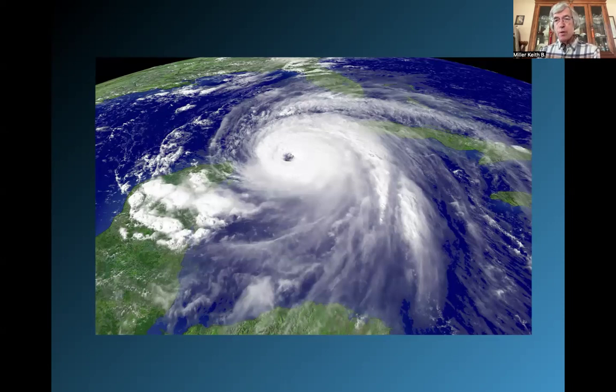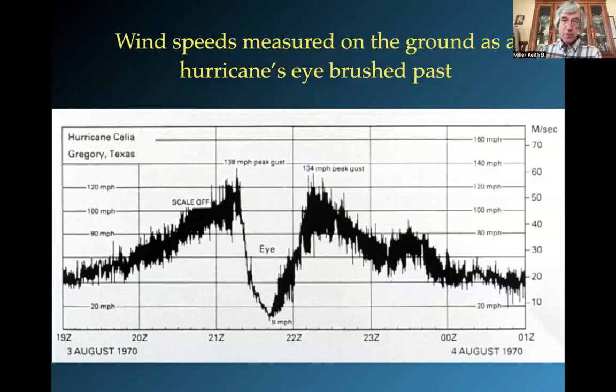So you have warm, moist air, and that warm, moist air is rising. And as it rises, it cools, hits a dew point, and precipitates out. One of the peculiar things about hurricanes, if you look at wind speeds, the wind speeds are greatest right near the center, what's called the eye.